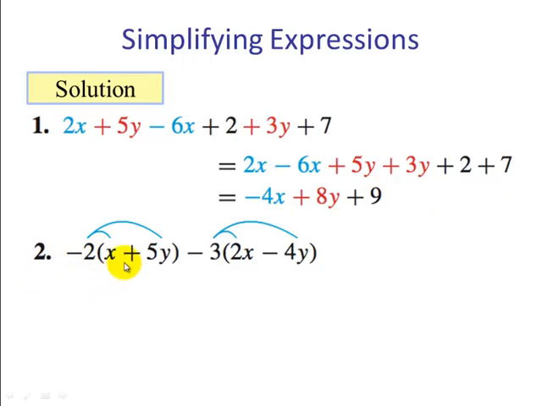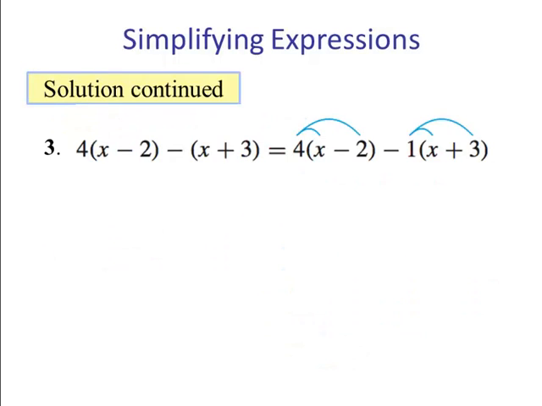Negative 2 times x, negative 2 times plus 5y, negative 3 times 2x, and negative 3 times a negative 4y gives us negative 2x minus 10y minus 6x plus 12y. Combining the x's, we get negative 8x. Combining the y's, we get a positive 2y.